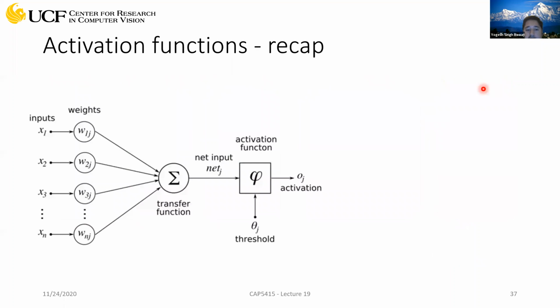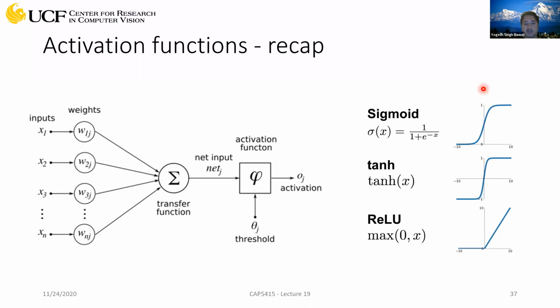Okay. Now, before diving into the detailed structure of this recurrent neural network or LSTM, let's do a quick recap of all the activation functions which we will need. An activation function takes the activation from your previous layer, which is coming out of your convolution operation or any other operation, and tries to normalize that value.